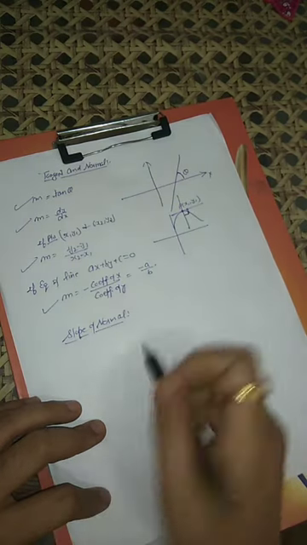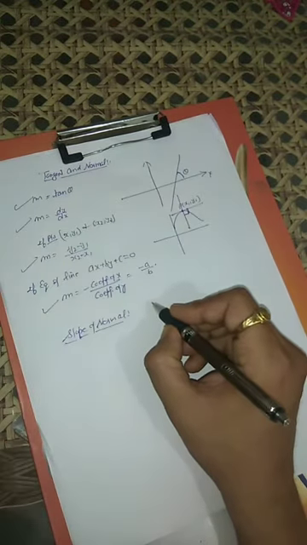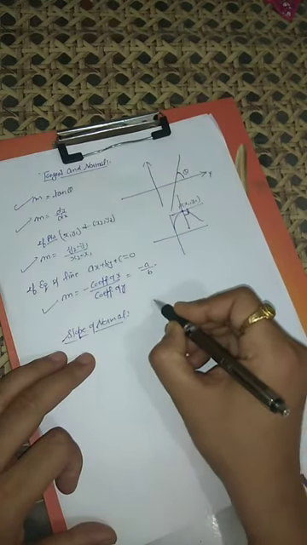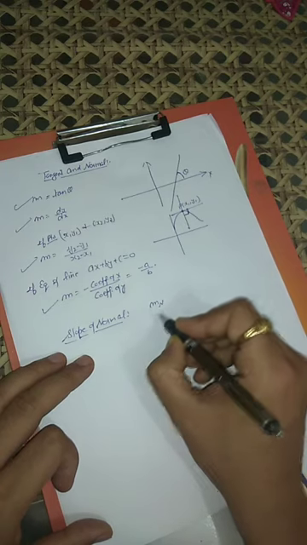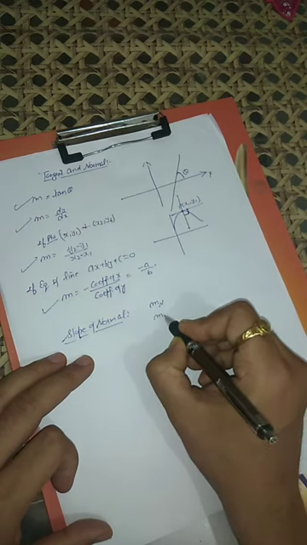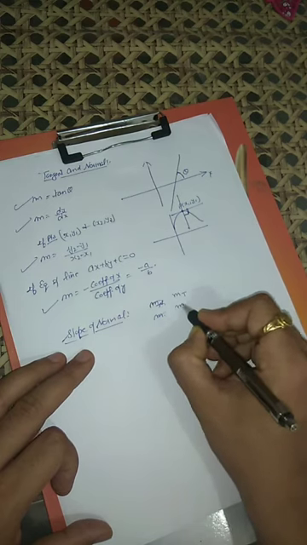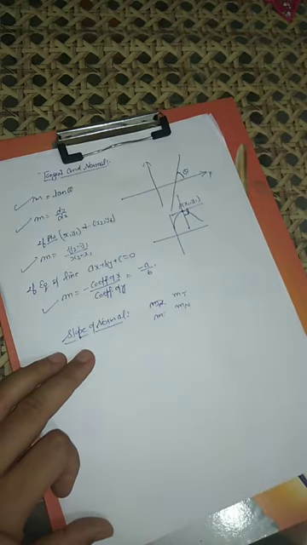normal line, and the relation between slope of tangent and the slope of normal is both are at the right angle. So if the slope of tangent is denoted by mt, then slope of normal will be denoted by mn.